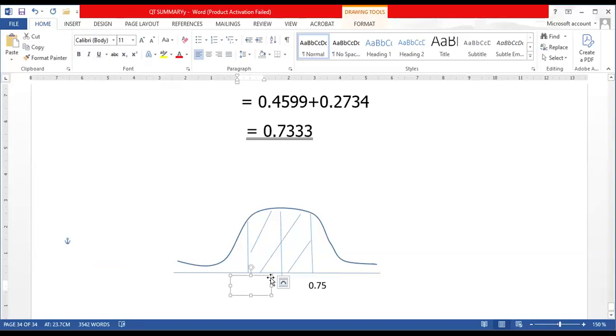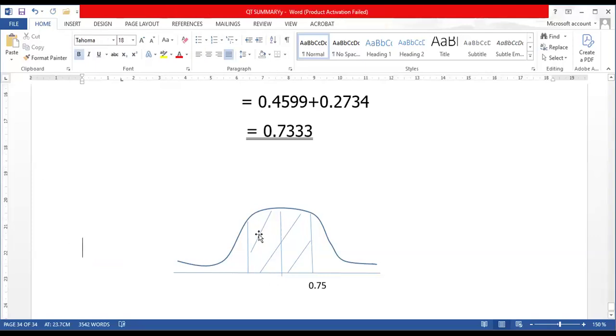Assume I want the probability that z is less than 0.75. How do you get it? Where do you shade?